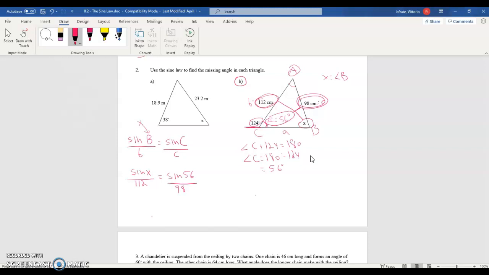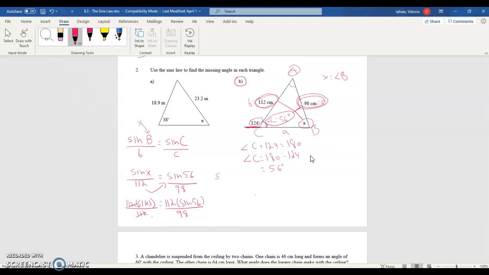Now I can solve by sending the 112 over to the other side. In other words, multiplying both sides by 112. 112 times sine x over 112 is equal to 112 times sine 56 over 98. Cross the 112 out here.